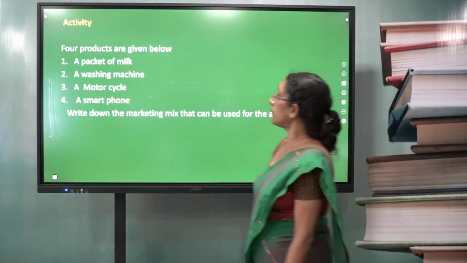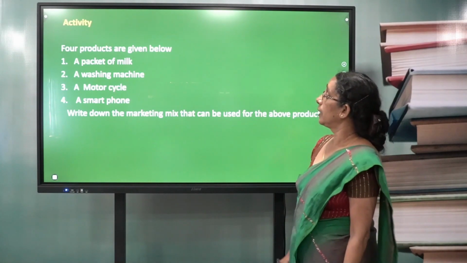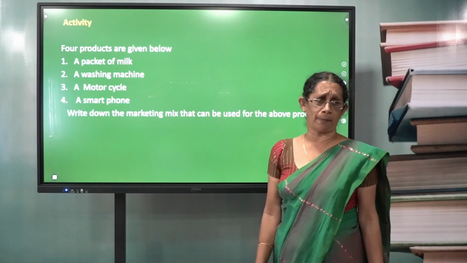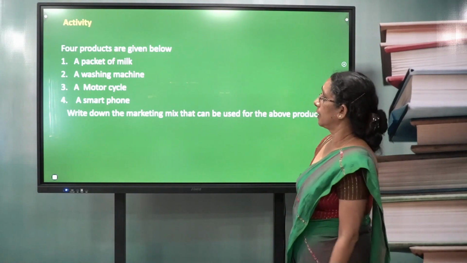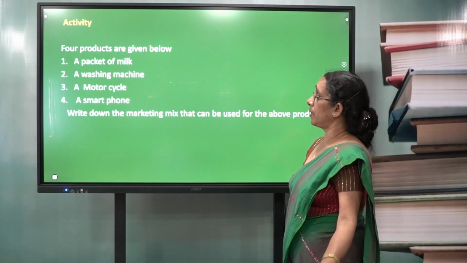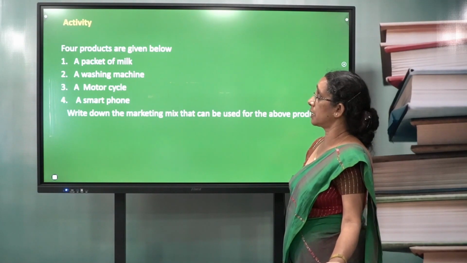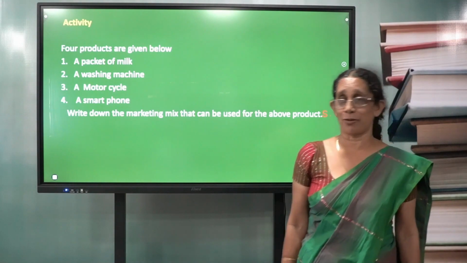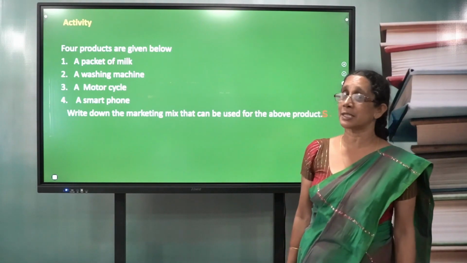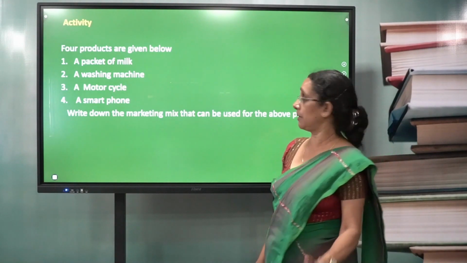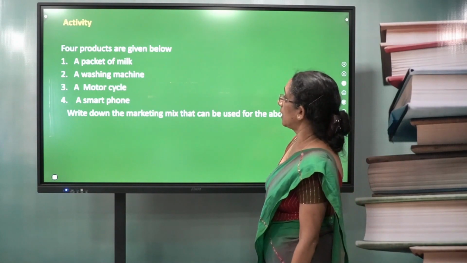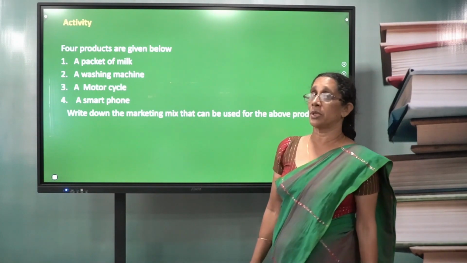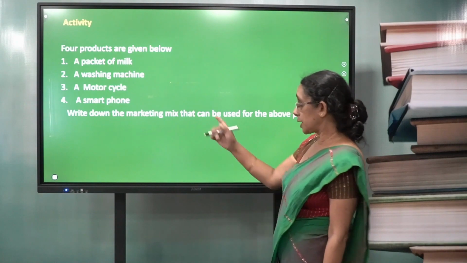Then washing machine. Product, you can name them. That can be Abans, Singer, like that. Price, of course, I am not aware of the price. It can be around 60,000. We'll put any price there. Then place, how are they distributed?